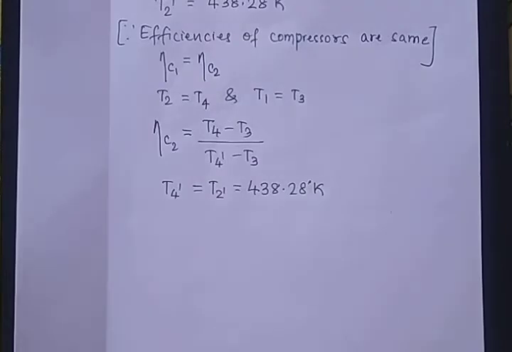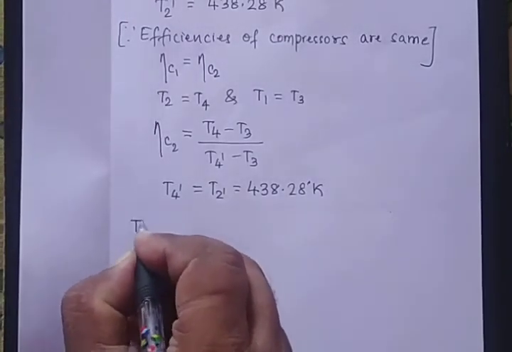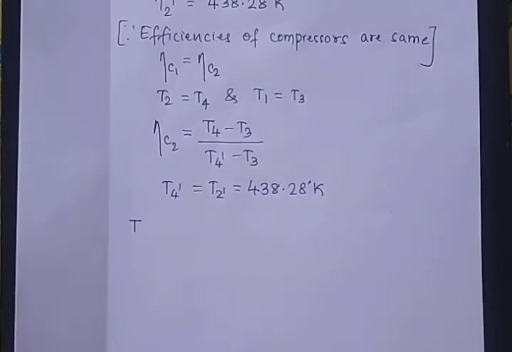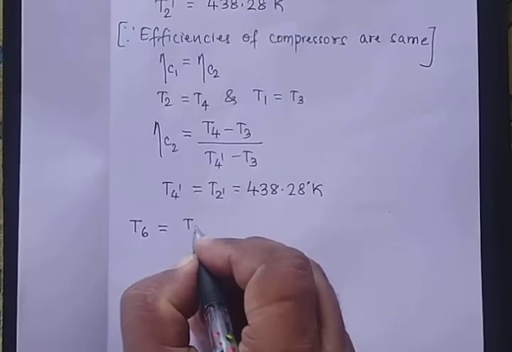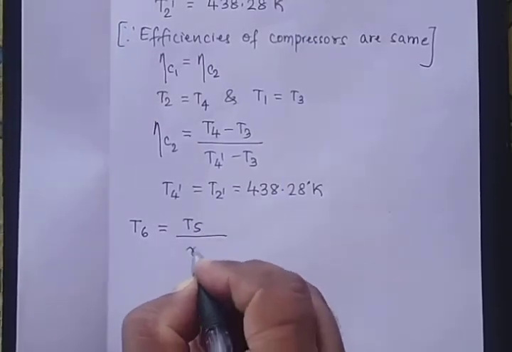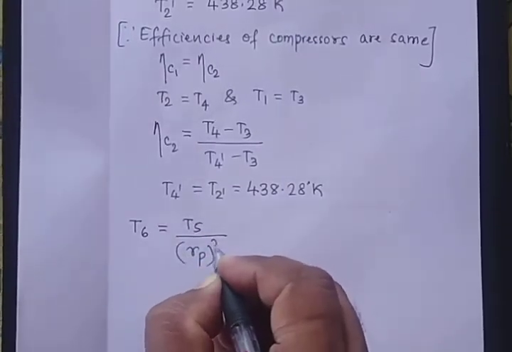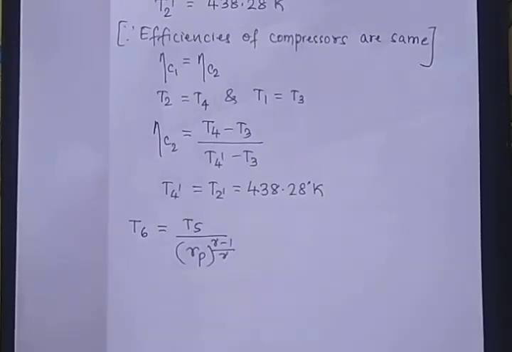So after finding out the value of T4 dash, let us now find out next T6, that is during isentropic expansion process 5 to 6. So during isentropic expansion process 5 to 6, T6 will be given by T5 divided by Rp to the power gamma minus 1 by gamma.